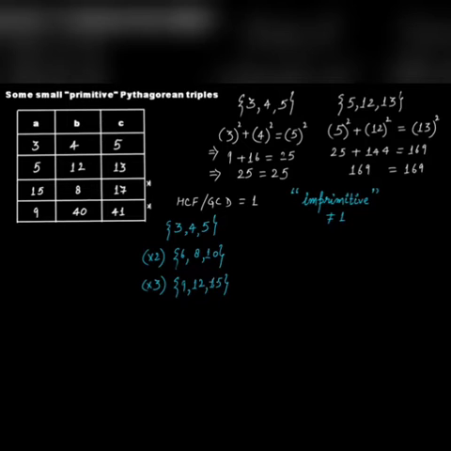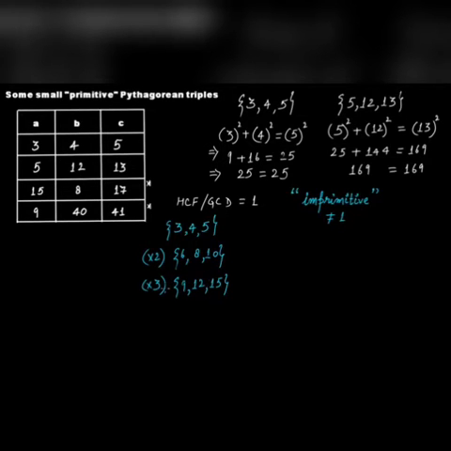Now these two sets of 3 positive integers are 2 different Pythagorean triples that are imprimitive, because in this case the highest common factor or the greatest common divisor is now 2, and in this case it is now 3, right?